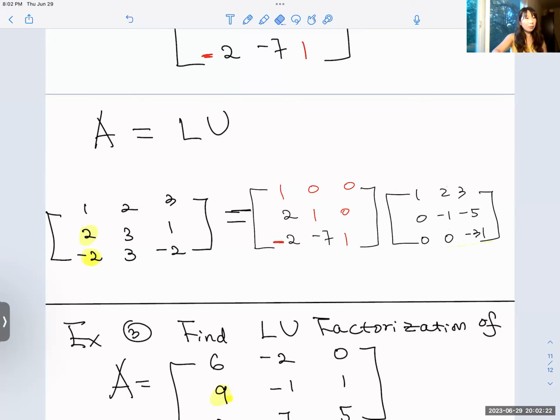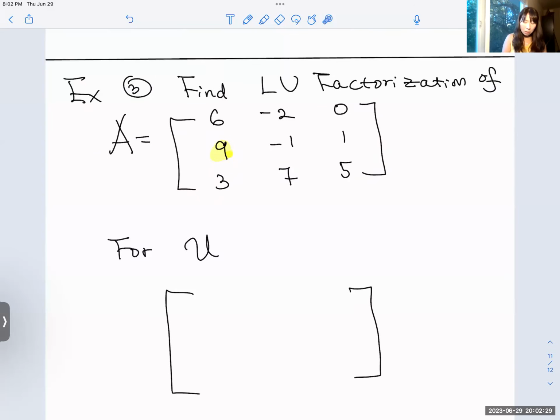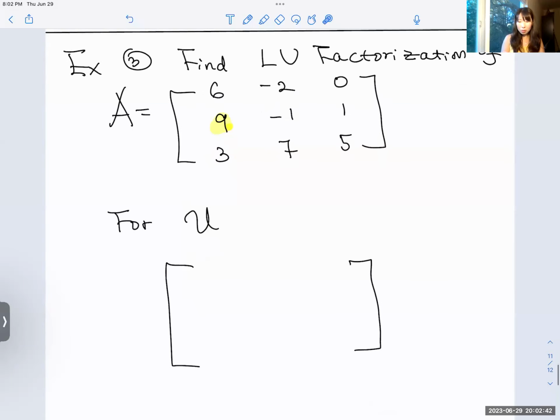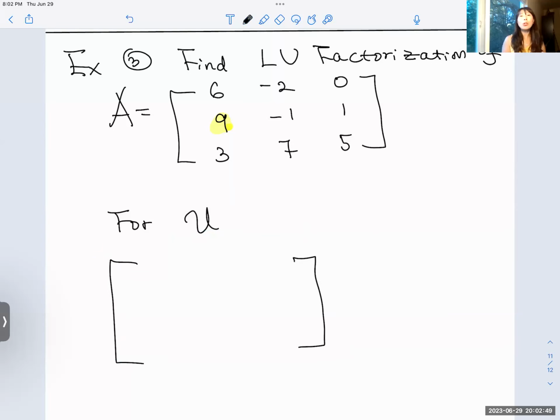All right, so okay, now we could make a -3 here, right? To add this one, row 2. But then sometimes the number is not nice. Then how do we do, right? So maybe from this number, let's try.